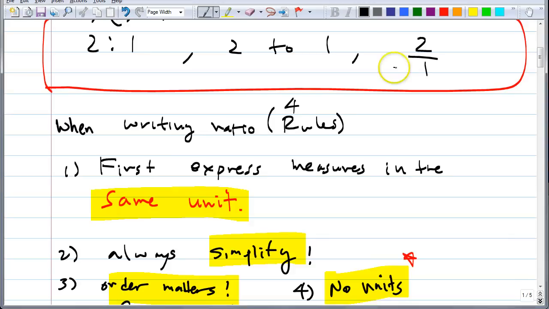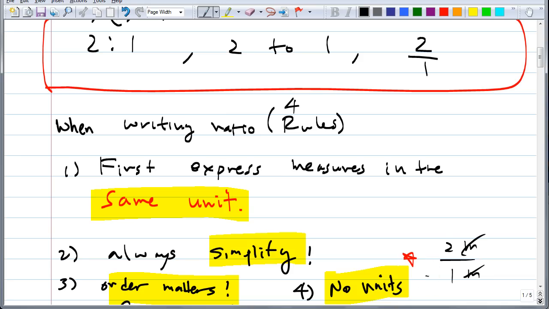Kind of. Let's say I have 2 meters over 1 meter, right? I could write the ratio as a fraction this way. Guess what happens to meters over meter? The same units cancel out. So since we're using the same units, we don't have any units for ratios. Is that okay, guys? Are we good? That's why that's important.